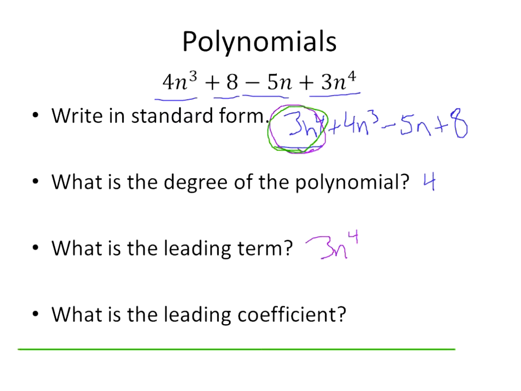We're going to look at the coefficient, which is just the number part, the number that's being multiplied by the variable. So the leading coefficient here is a 3. Okay. So again, if you need to pause as I'm going through this, pause whenever you need and then start.